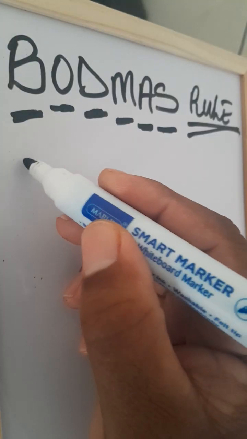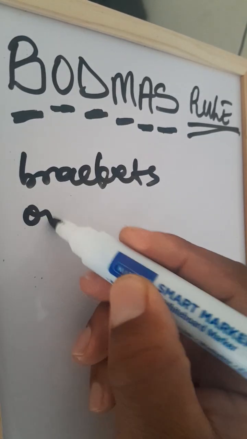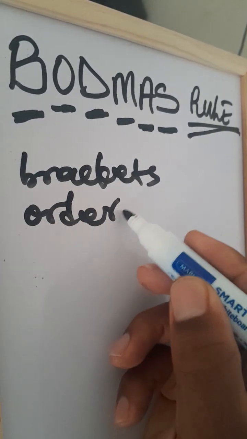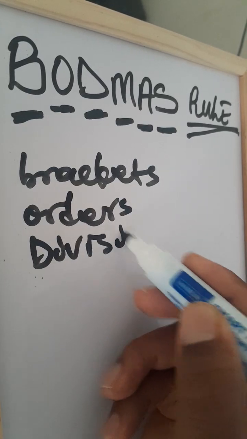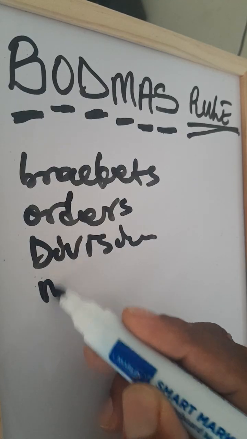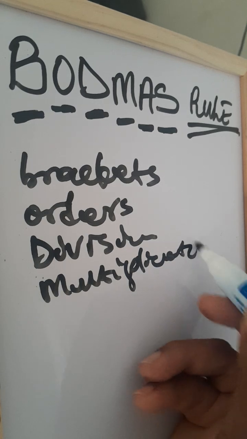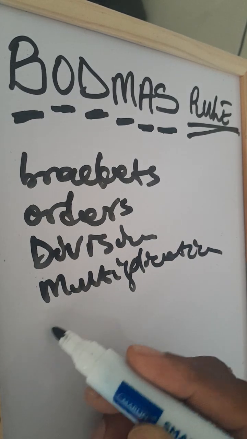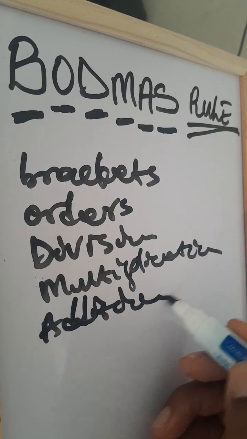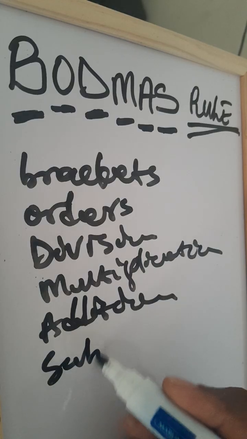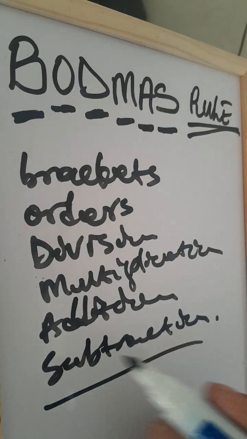So here is brackets, orders, then division, then multiplication, then addition, then subtraction. This is your BODMAS.